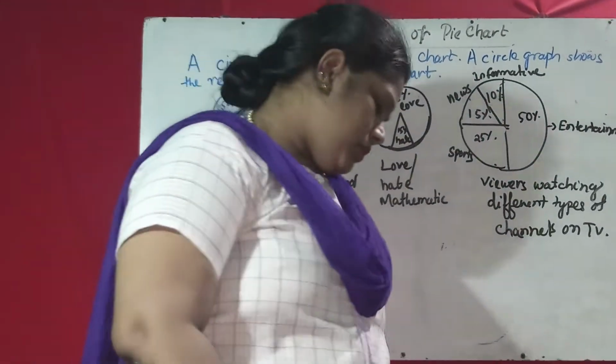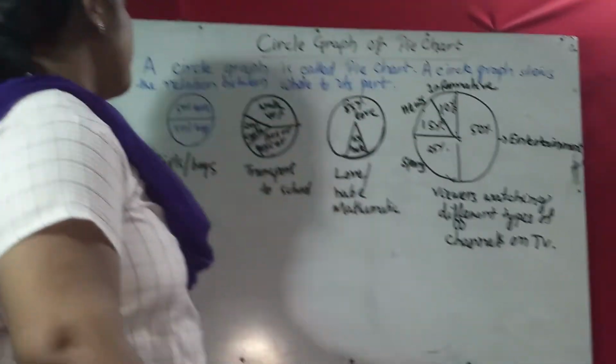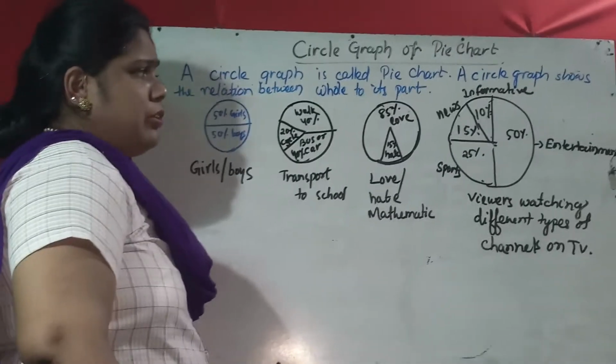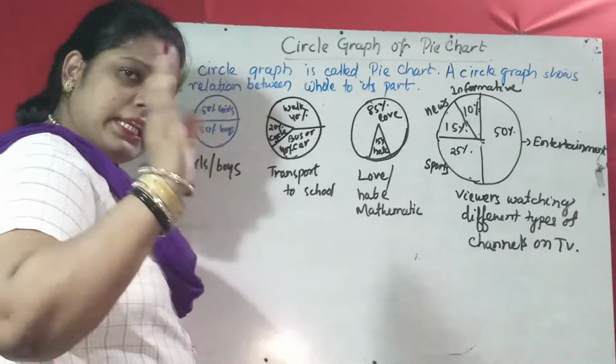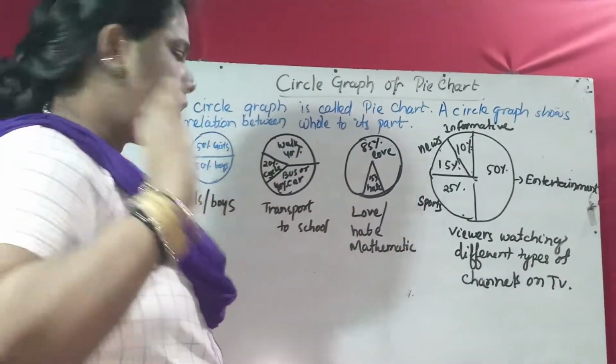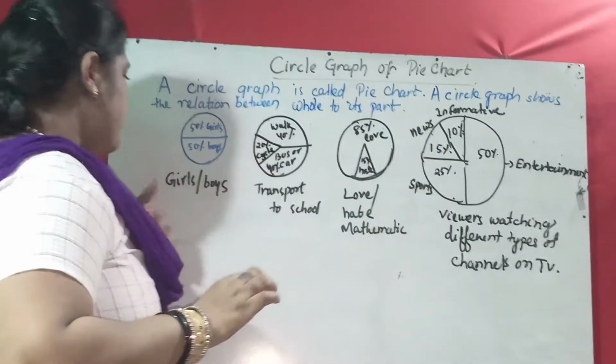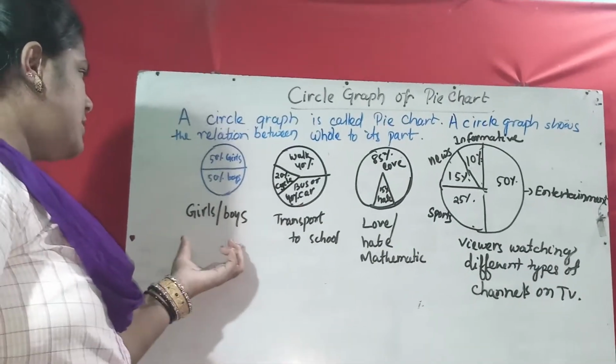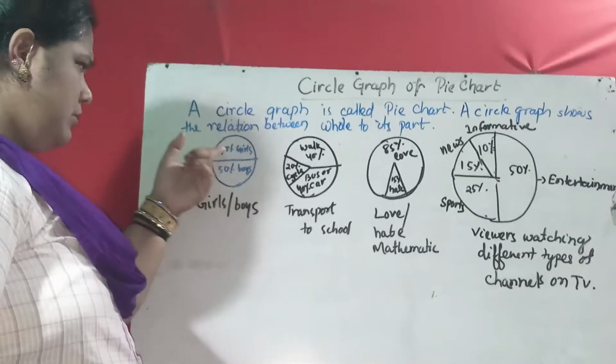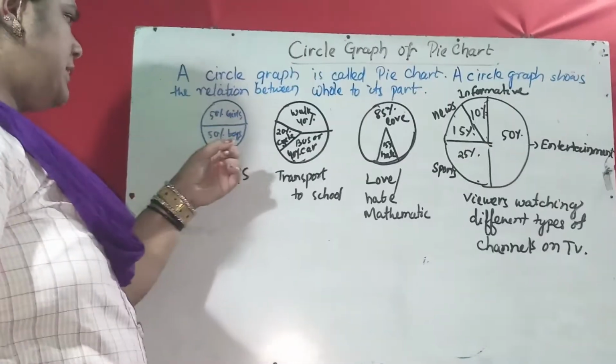Now I have drawn different types of pie charts about different information about a class, or suppose you think about your class. This pie chart gives girls and boys. What does it show? 50% girls, 50% boys.